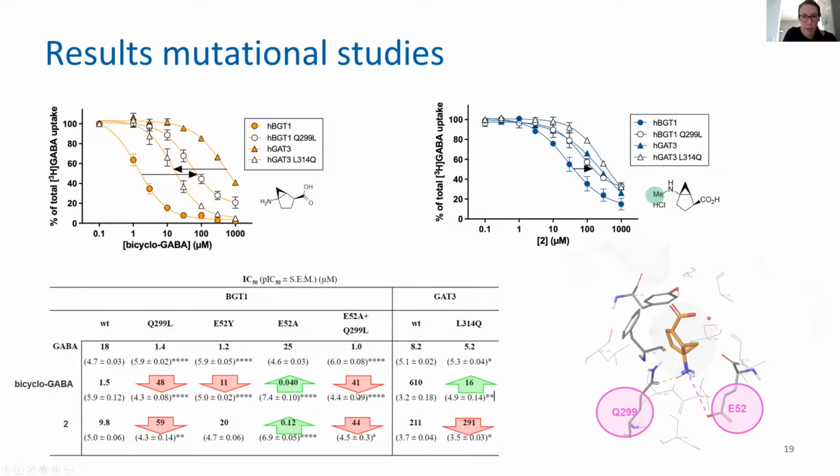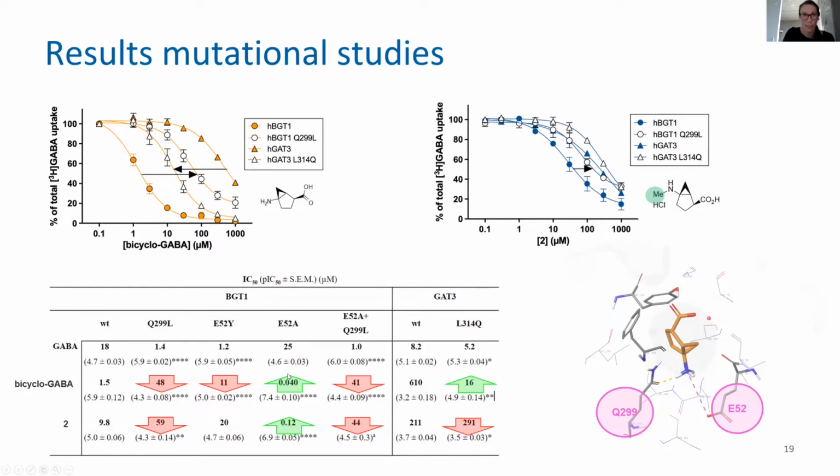Interestingly and very strikingly, for this mutant where we turned the glutamate into alanine, what we saw was a ridiculous increase in activity. So this is really fascinating, and up to this point we are not able to explain what is happening here. So for some weird reason, if we turn that glutamate into alanine, we see a ridiculous increase in activity.